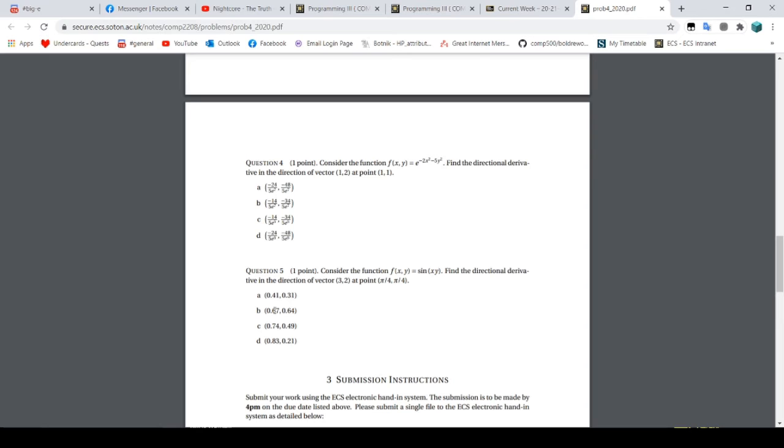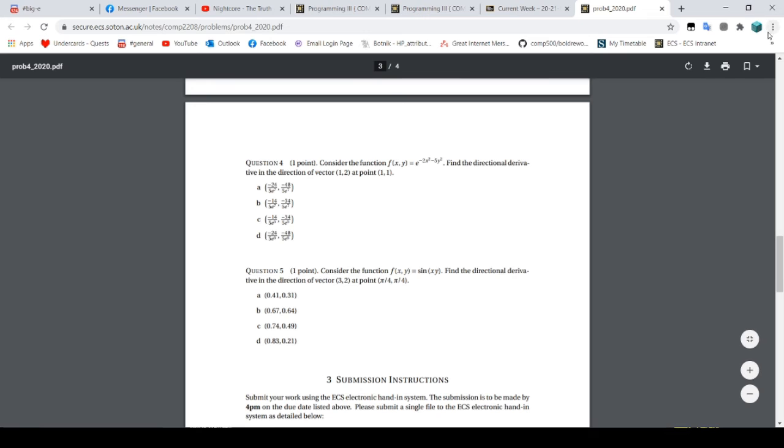Let's try the other one then, huh? Wait, that'd just be multiplying that by 2 though, wouldn't it? 0.9? No. No. So we're doing something wrong.